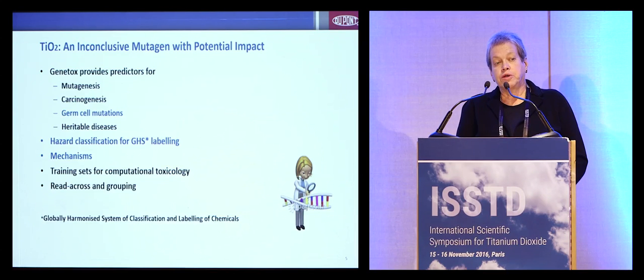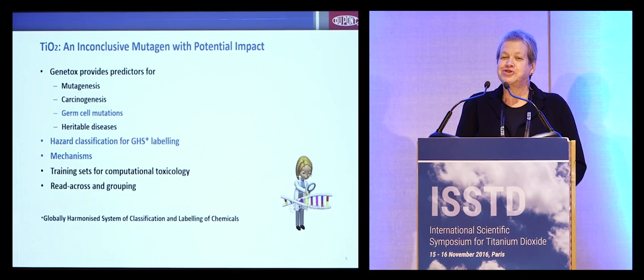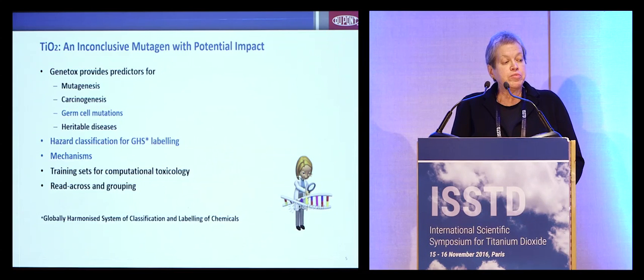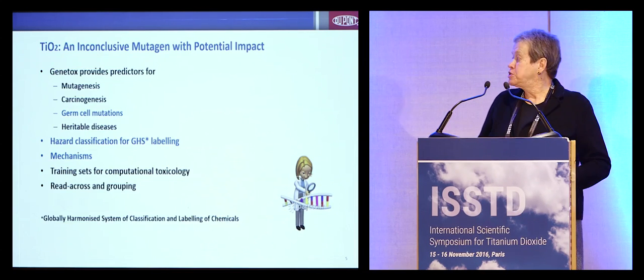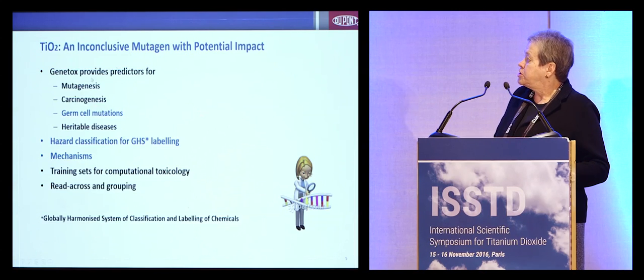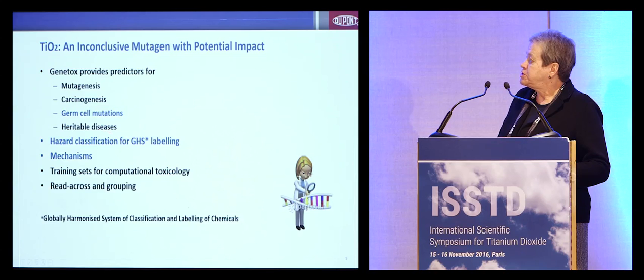And since the 1B carcinogenicity classification was looming up front, I believe there is a risk that this was a little bit ignored. We have to remember that gene tox predicts mutagenesis, carcinogenesis, germ cell mutations, and heritable diseases.